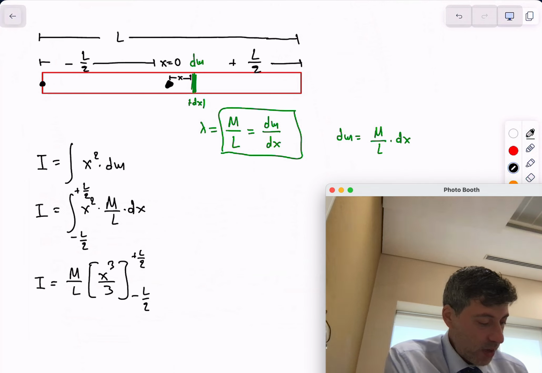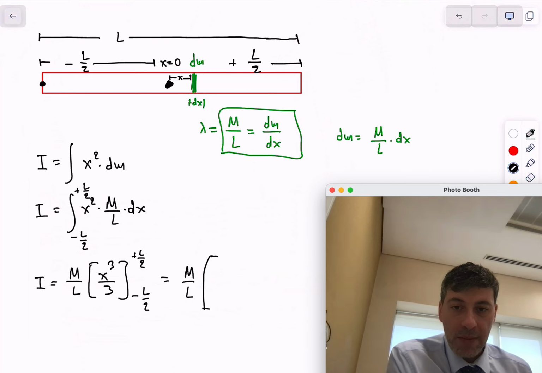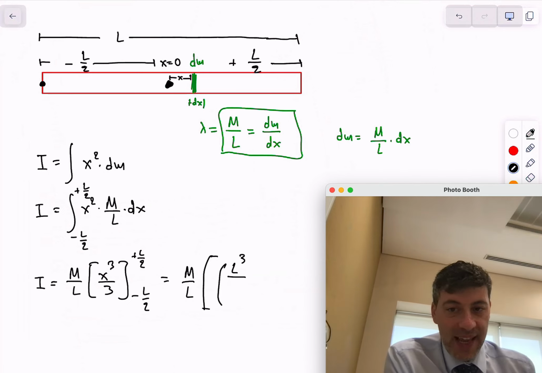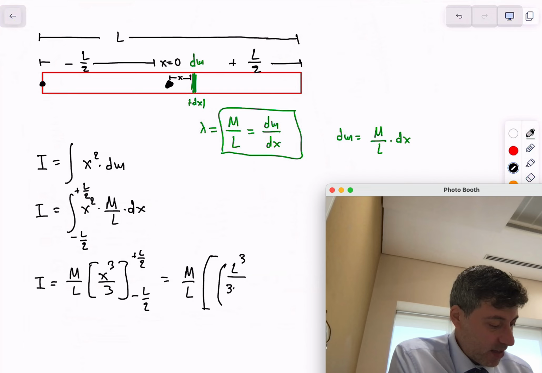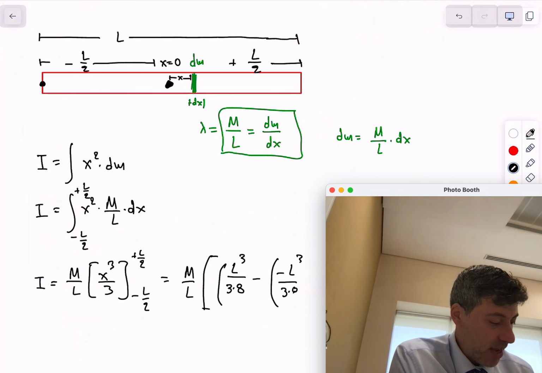So we have m over L, and we open up a bracket. L over 2 to the power of 3 means L to the power of 3 over 2 to the power of 3, which is 8, so 3 times 8. Minus, we do the same thing with the minus L over 2, so minus L over 2, L to the power of 3 divided by 3 times 8.